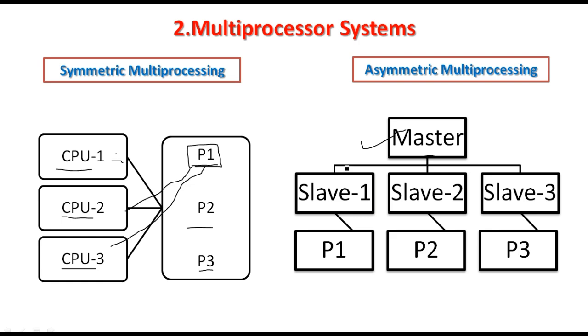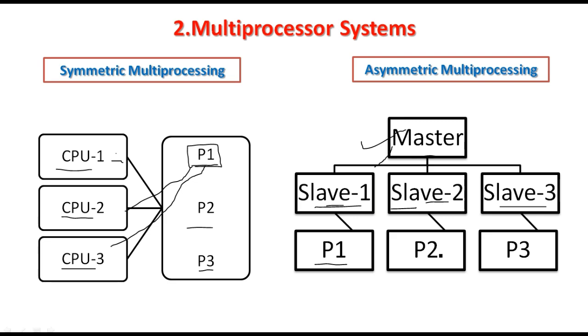So slaves can have a predefined task, or they are waiting to get instructions from the master. If the master assigns tasks, say P1 is assigned to slave 1, P2 to slave 2, P3 to slave 3.